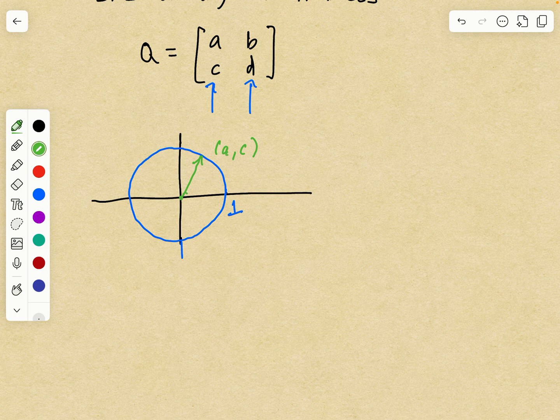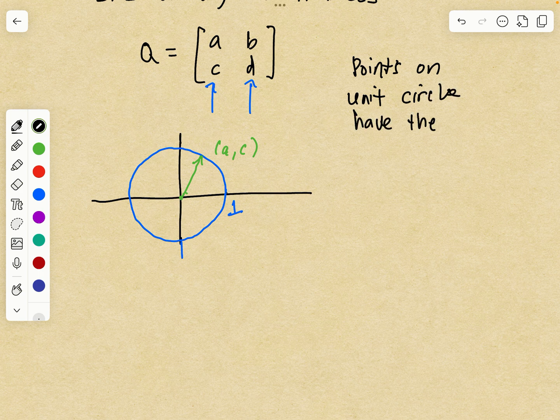And we know how to describe all the points on the unit circle. The points on the unit circle all have the form (cosine theta, sine theta), where theta is between 0 and 2 pi.